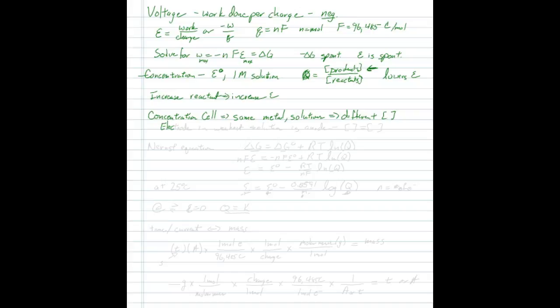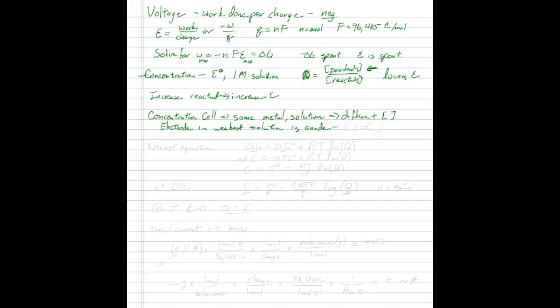The electrode in the weakest solution is the anode. What this means is that the anode is being oxidized.